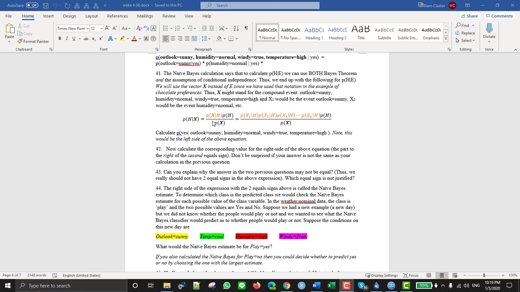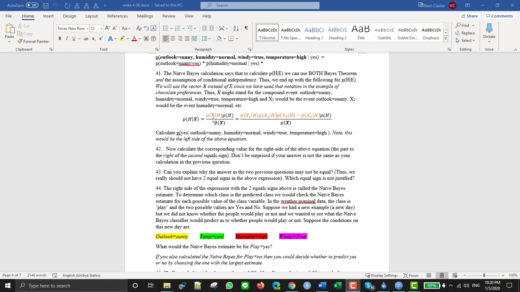So we want to switch from this to this because we want to be able to use conditional independence to get to here. And why do we want to get to here? Because we said that this is asking for the probability of H given this, but we're never going to find this. We said when we have many variables, so we won't be able to do it this way.